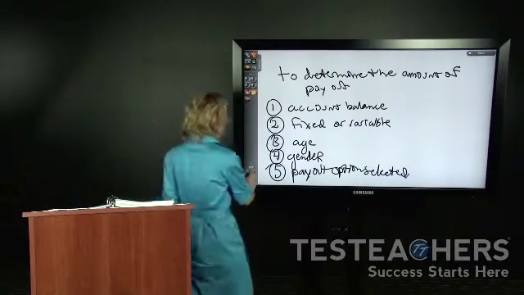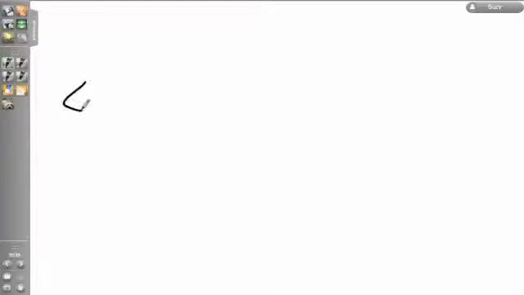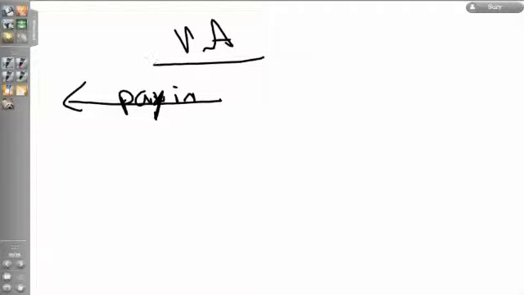When we're in pay-in on a variable annuity, we have what kind of units? Just to review, during pay-in, we have accumulation units.